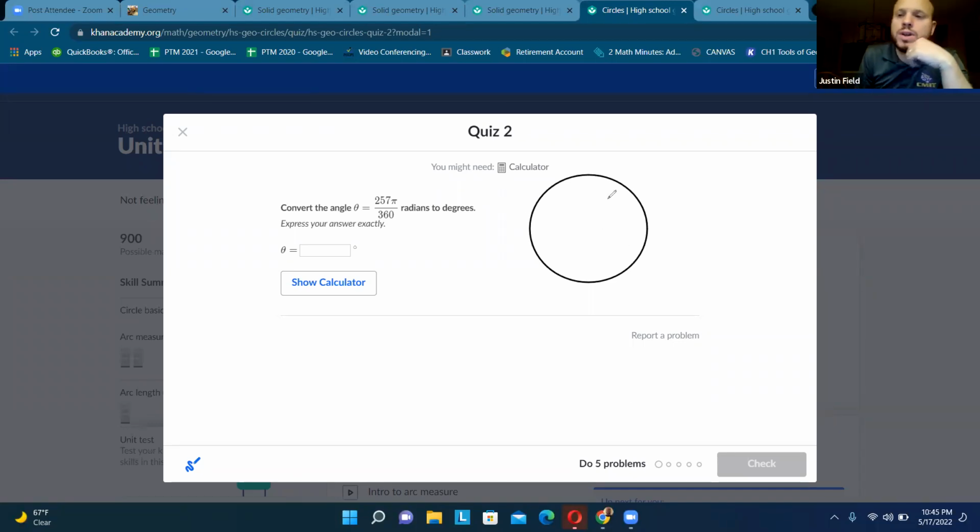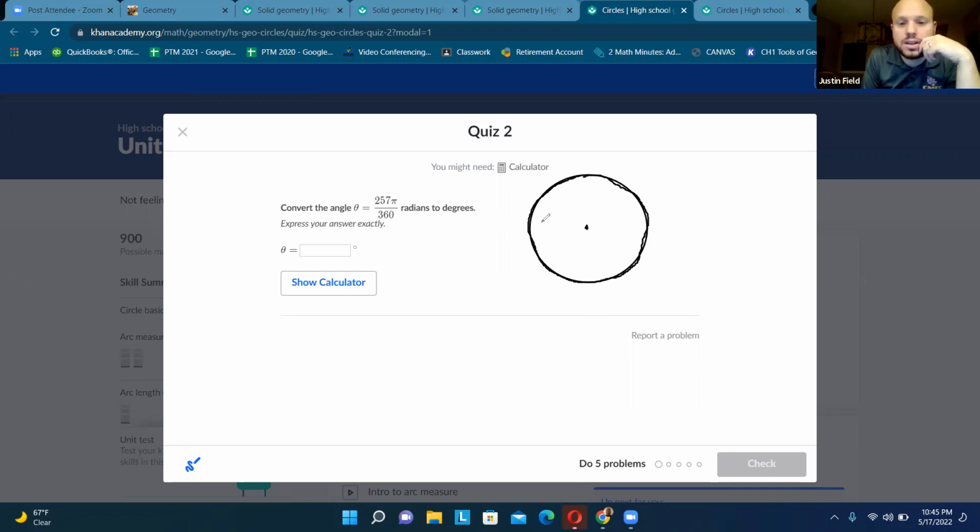So we know it's 360 degrees, but where did 360 come from, right? Why don't we come up with a measure of the circle that relates to the circumference? That is what radians are.